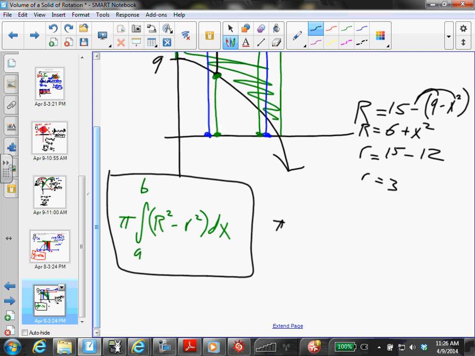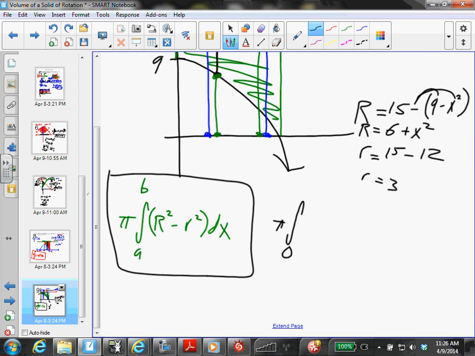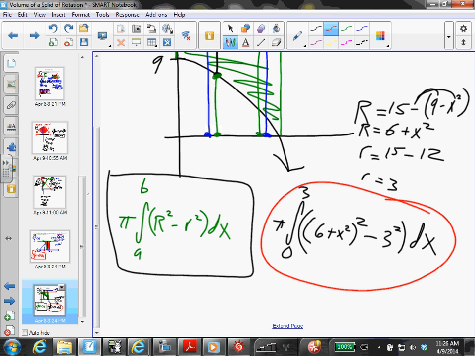So it would be pi times the integral from a to b, and in this problem we were told to go from 0 to 3, so it's from 0 to 3 of my large radius, which is 6 plus x squared, so my large radius squared minus my small radius squared, and my small radius is 3, so 3 squared. And then we have a horizontal axis of rotation. So we are going to take the integral with respect to x.